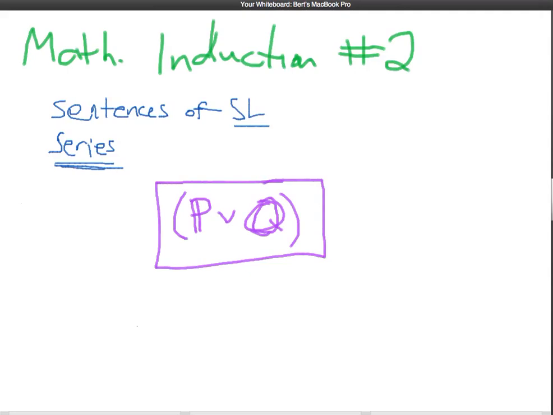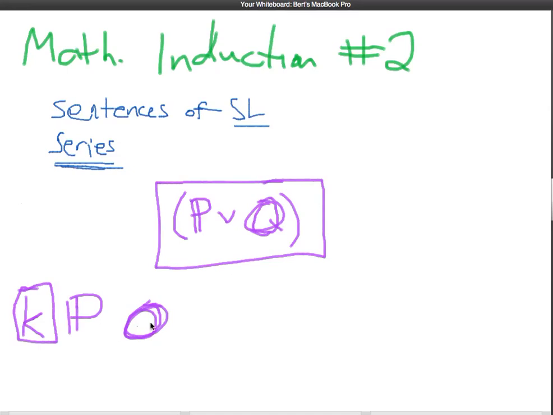In other words, you can think about K as applying, right? Remember in our inductive step we said, look, we have some case K. We don't know where K is in the series, but you can think of P and Q as being sentences that are at the K stage of being built.